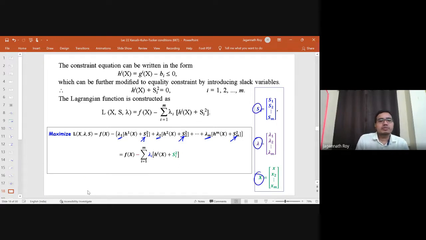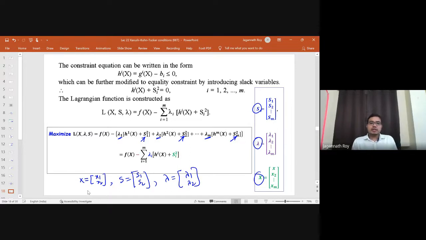So for example, if we have x equals to x1, x2, s equals to s1, s2, then lambda equals to lambda 1, lambda 2, then we have 6 unknowns, 6 variables to find out.